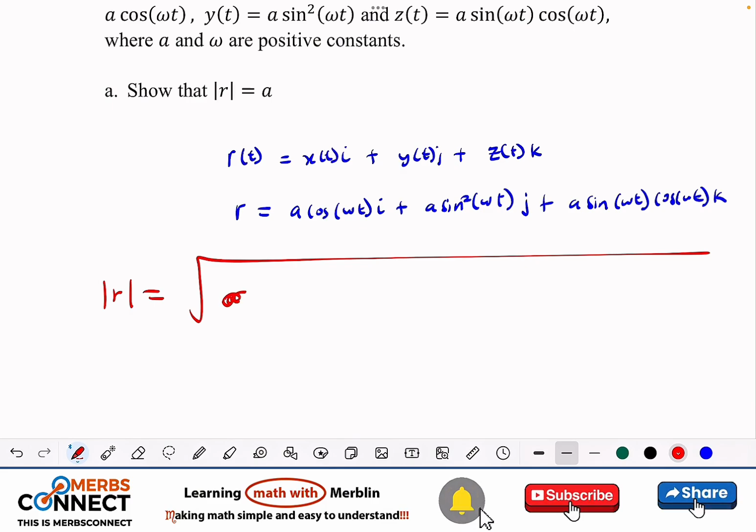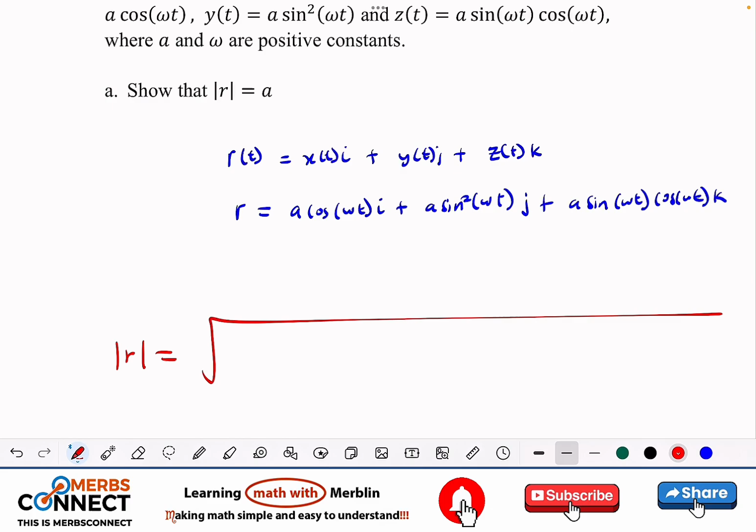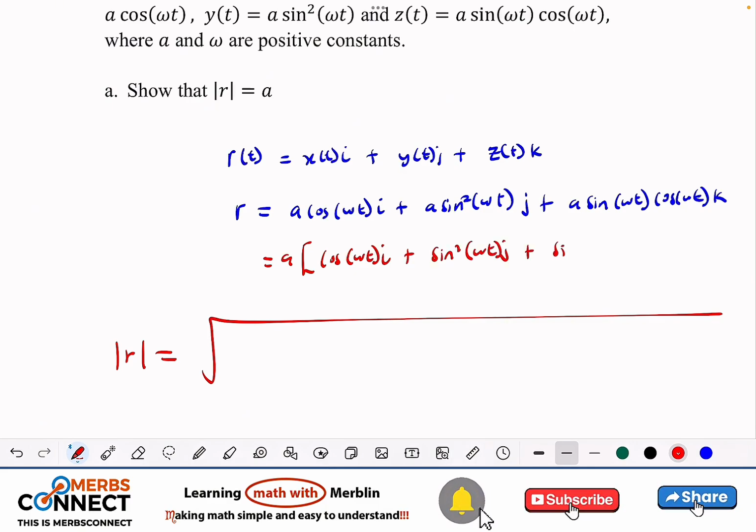Let me just do something simple. Here I can factor a out because I can see that a is here, a is here, a is here, so that it becomes very simple. So cos omega t i plus sine squared omega t j plus sine omega t cos omega t k.